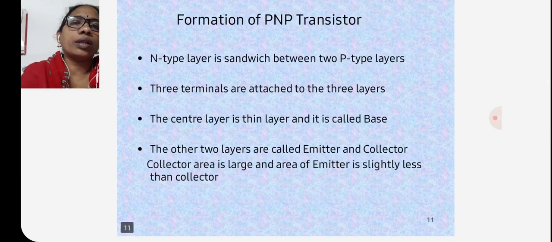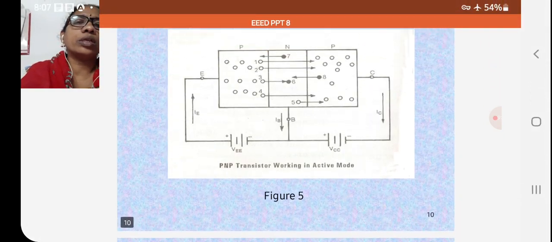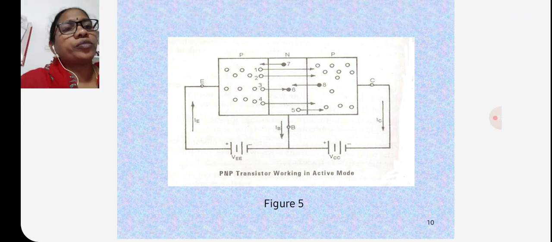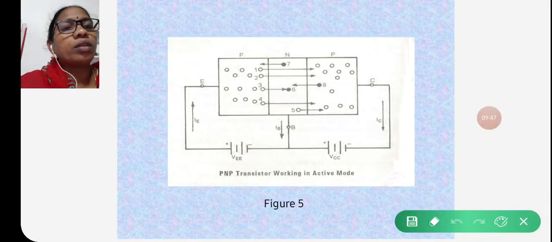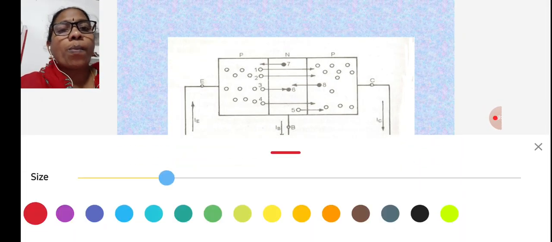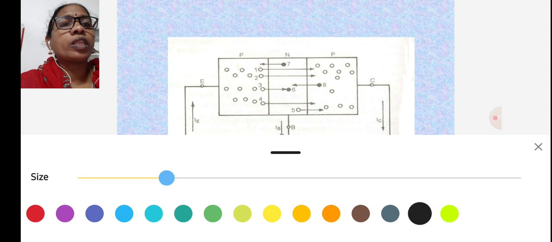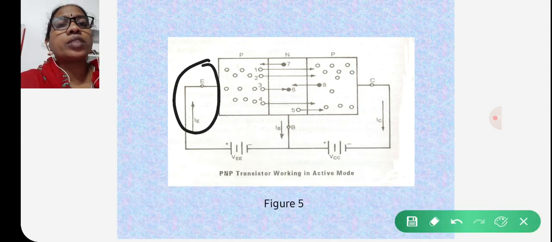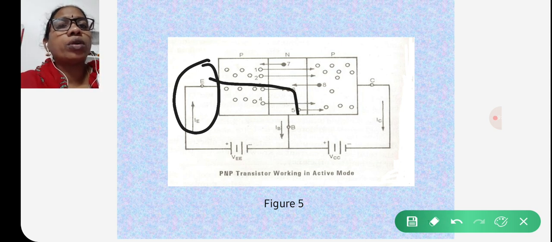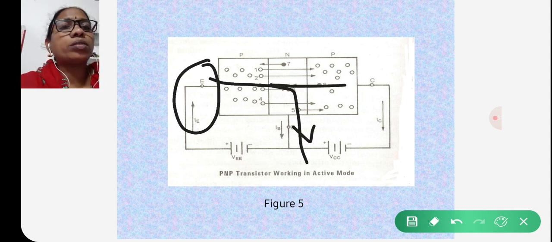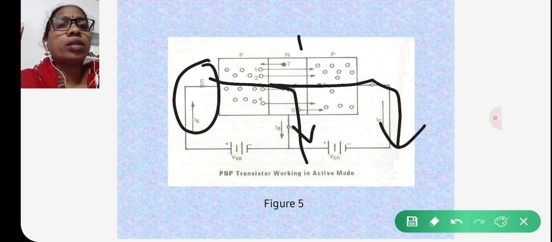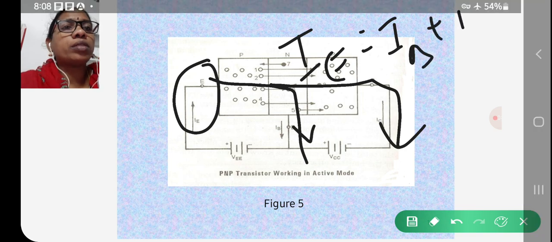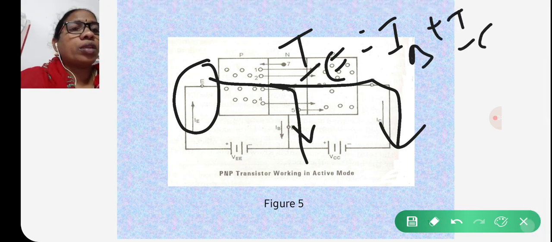In this diagram you can observe that the IE current comes in and splits into IB and IC. So IE is equal to IB plus IC.